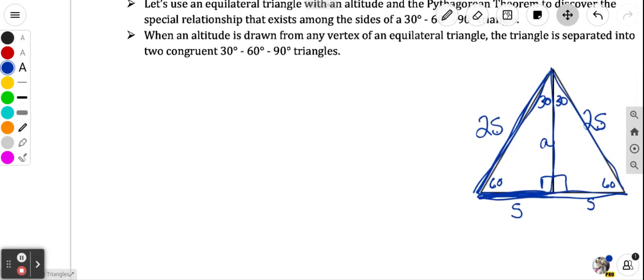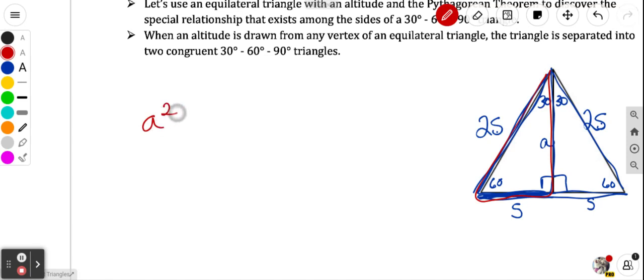So now I'm going to focus in on this triangle, just one of them. I was just putting the other one there to show you that it's the same. I'm going to focus on that red triangle. I'm going to plug S, A, and 2S into the Pythagorean theorem. So here we go.